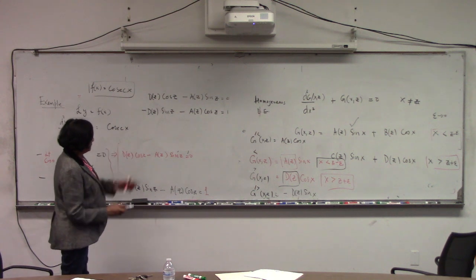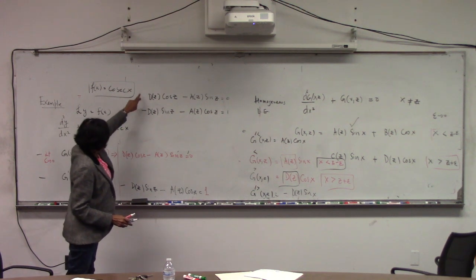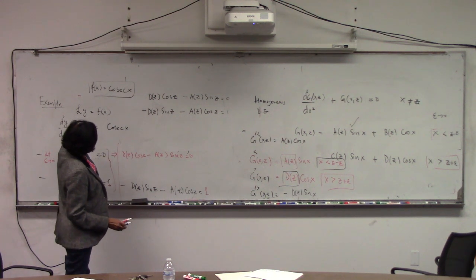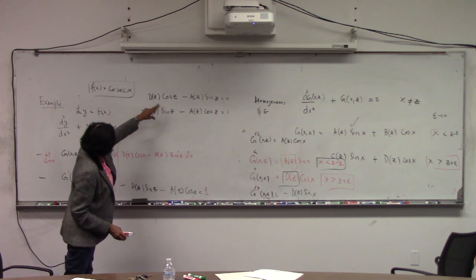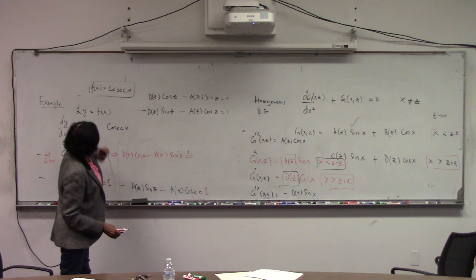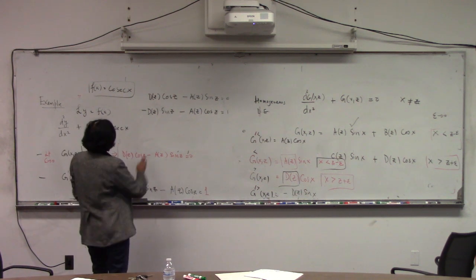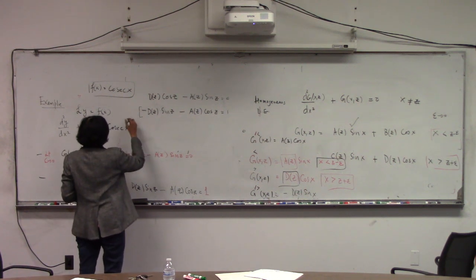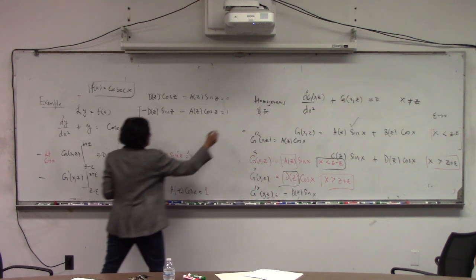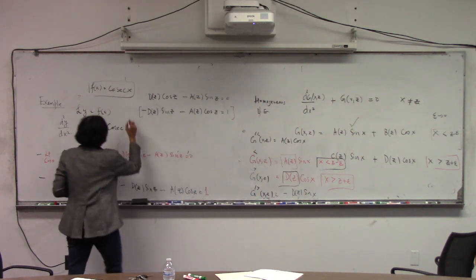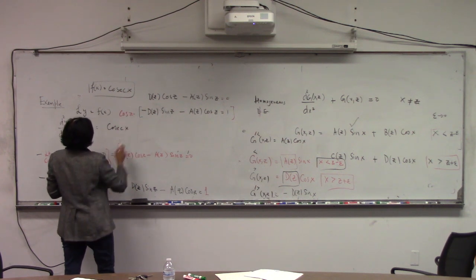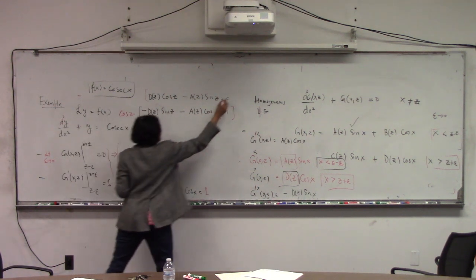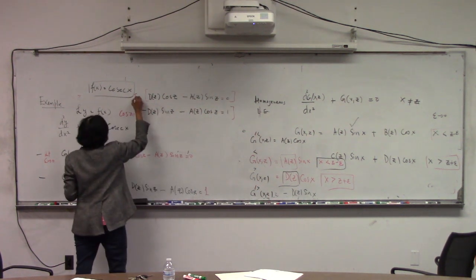Maybe we can multiply the first equation by sine and the second by cosine, right? Don't forget the other side also. Let me multiply the first by sine z, and the second by cosine z.